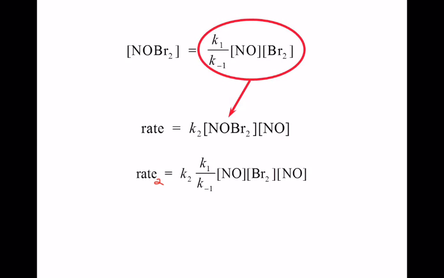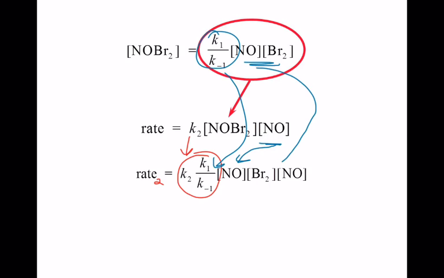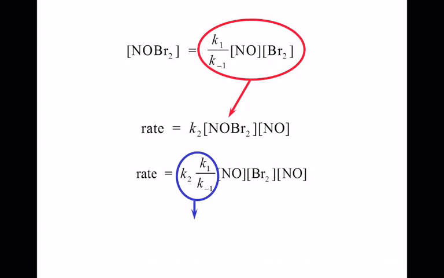We're going to kind of combine our rate law constants. So we bring along our K2, and then we tag along our K1 over K -1. And then we tag along our NO, and then we bring down another NO and a Br2. So of course we can combine the NO terms, and we can go ahead and bundle those Ks, and it looks like this.